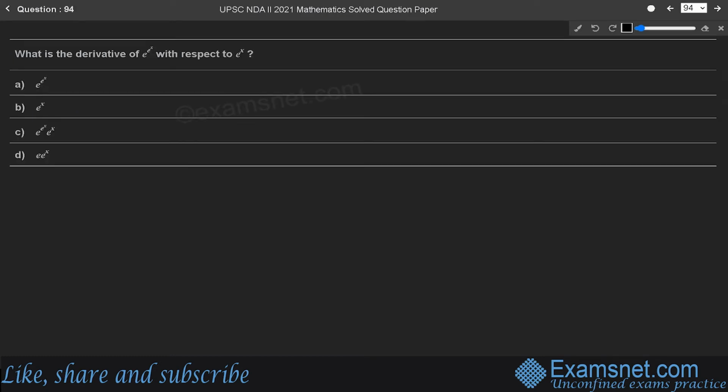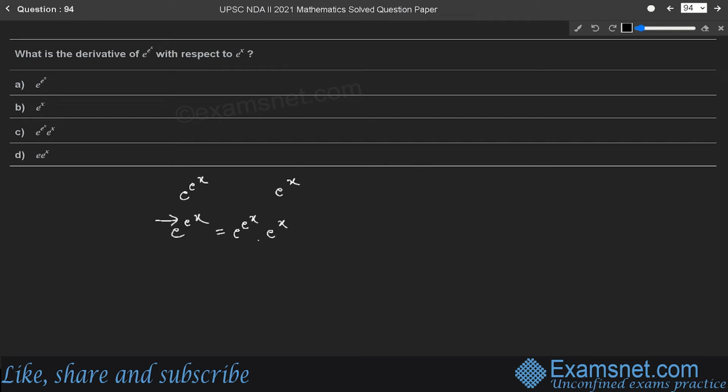Next question is, what is the derivative of e to the power e^x with respect to e to the power x? It is a very basic question. We have to find the derivative of e to the power e^x with respect to e to the power x. So the derivative of e to the power e^x will be, for the first term, which is e to the power e^x, it will be e to the power x, and for this upper e to the power x, it will be e to the power x.